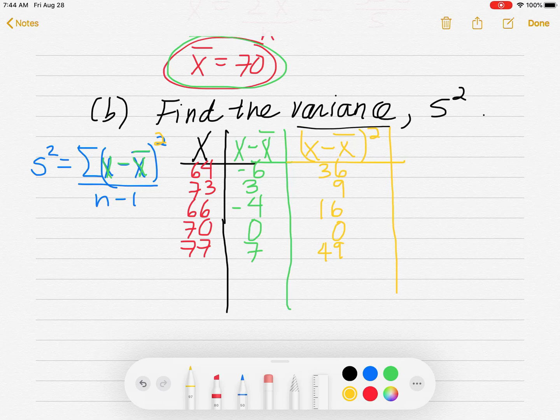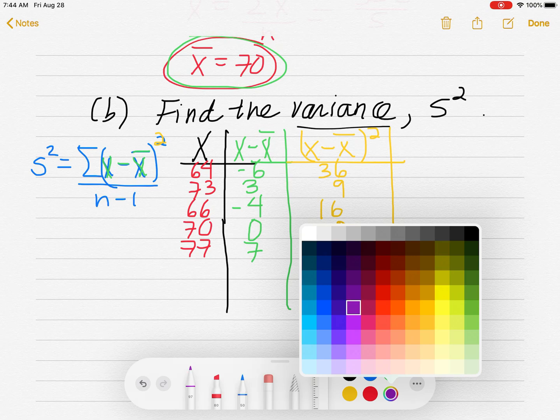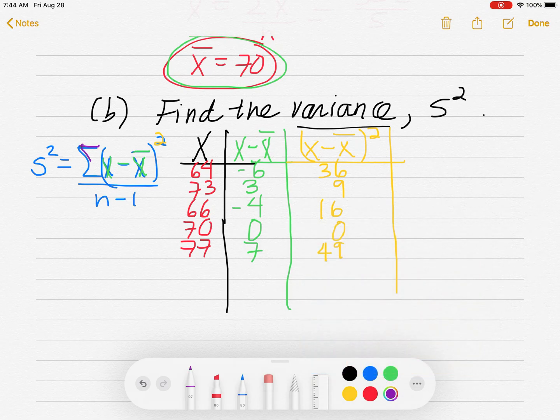All right, now look what your formula tells you to do next. It says this symbol, this big backwards E called the capital summation or capital sigma. That means you're going to add some numbers up. So I'm going to put a summation in the box at the bottom. It looks like I have 36 plus 9 plus 16 plus 49.